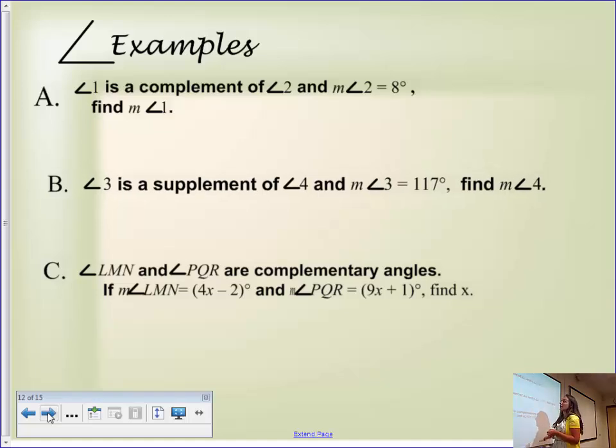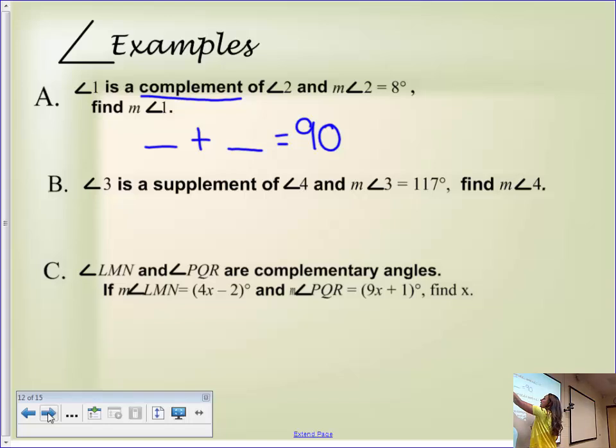The first one says angle 1 is a complement of angle 2, and the measure of angle 2 is 8. Find the measure of angle 1. I always tell you to think of it as an equation where you have these two numbers and then the words tell you what it's set equal to. Well, complement means 90. We're trying to find angle 1, and angle 2 equals 8.